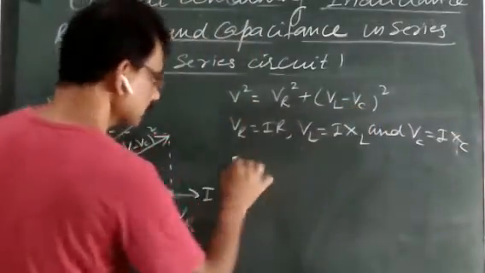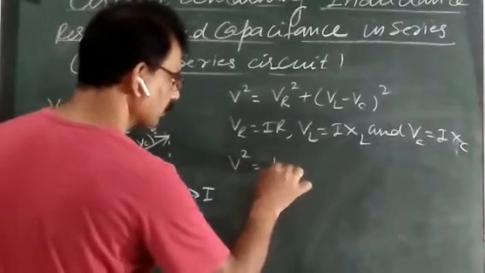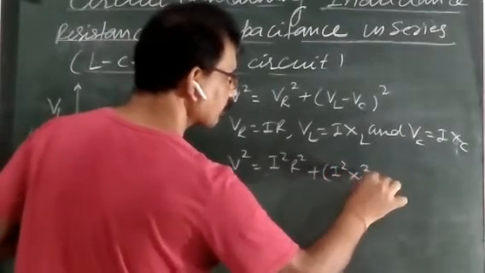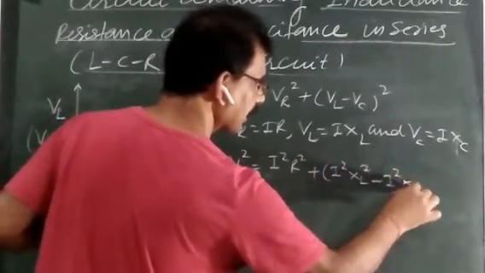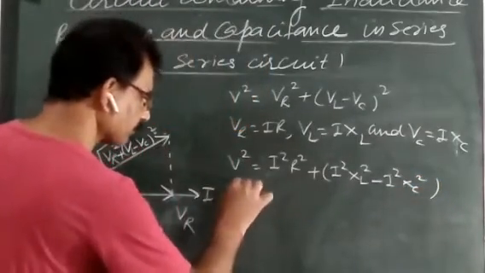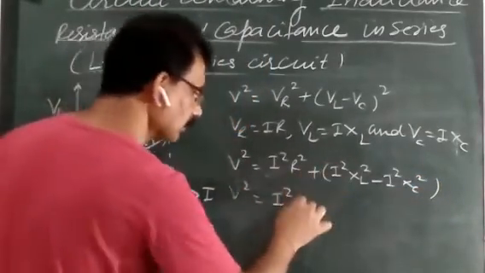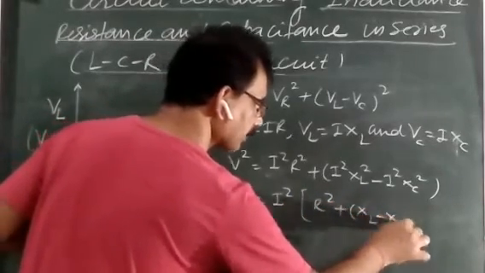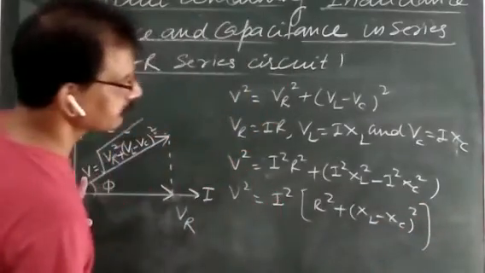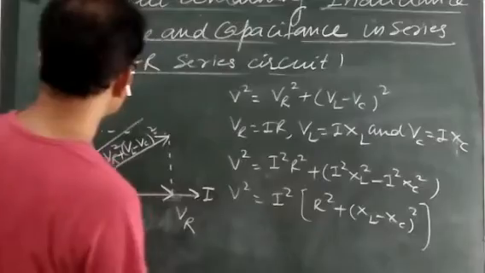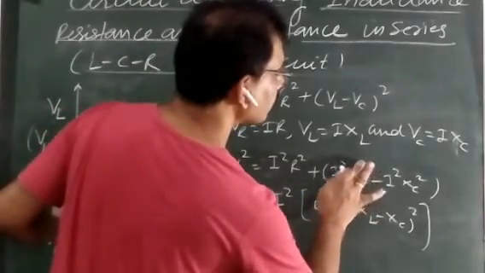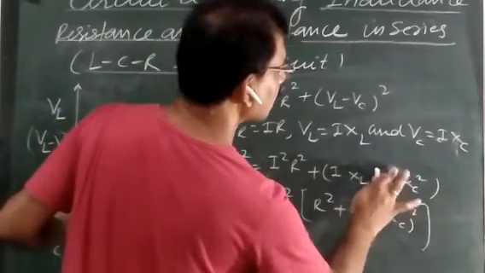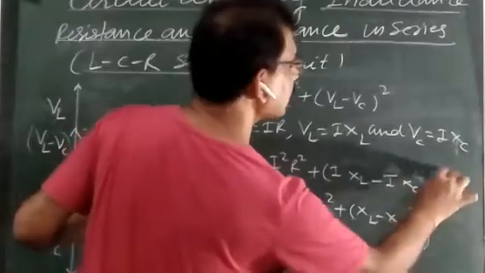So now you will put the values here. Then you can write V square is equal to I square R square plus I square XL minus XC whole square. Or you can write V square is equal to, take I square common in all, R square plus XL minus XC whole square.